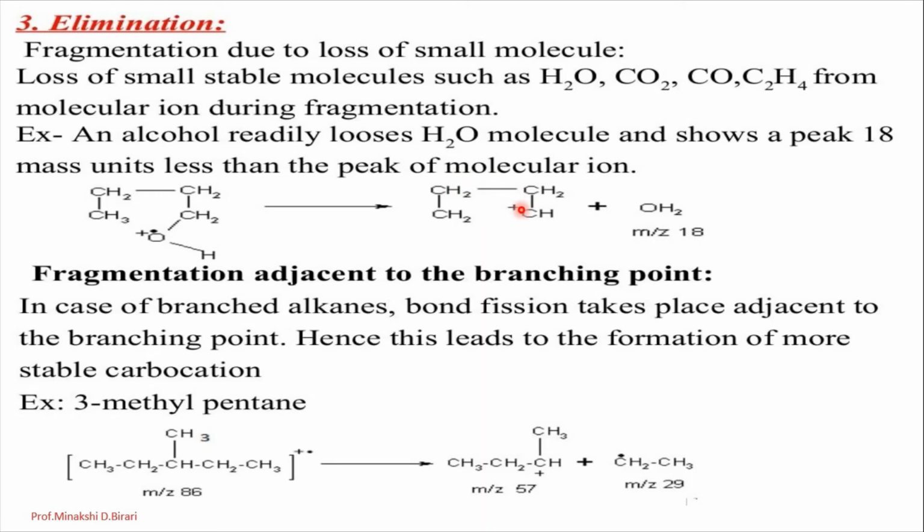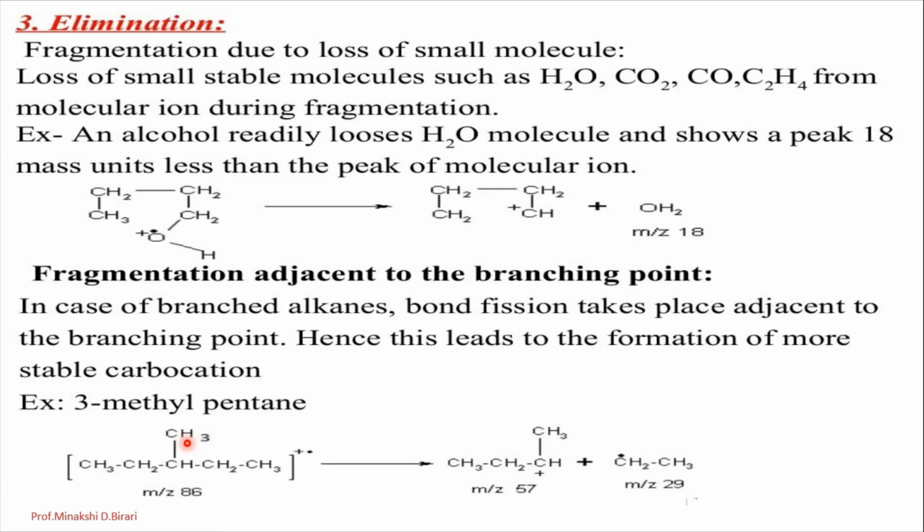Fragmentation adjacent to the branching point. In the case of branched alkanes, the bond fission takes place adjacent to the branching point. Hence, that leads to the formation of a more stable carbocation. Example, 3-methylpentane: formation of new fragments at M/Z 57 and also at M/Z 29.